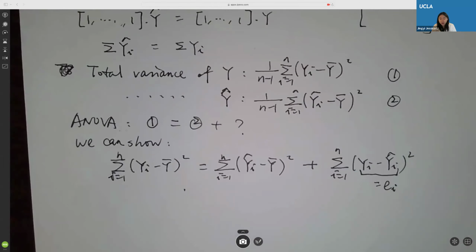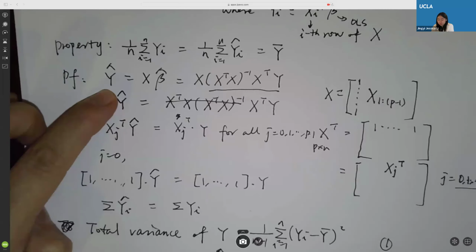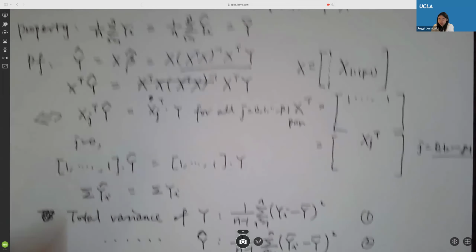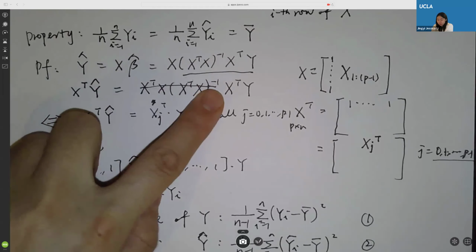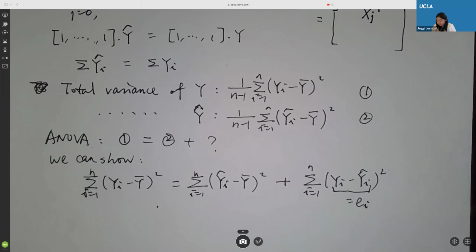Okay, so I think I can leave this for you to try to see whether you can derive it. But just to make it easier for you, you may want to use this formula. What is y hat, right? You go back to beta hat and you can then go back to y. So then you can see why this is the case.